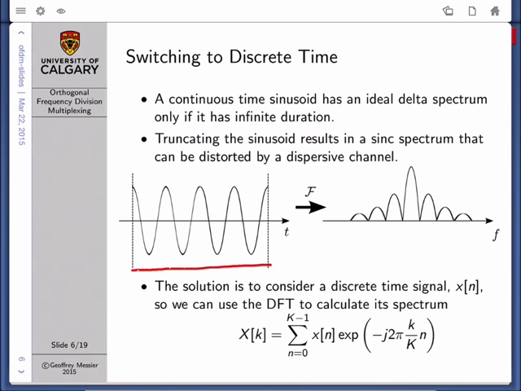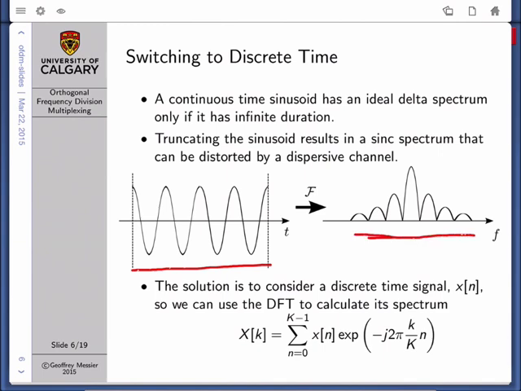And when you take a sinusoid and multiply it by a square window in the time domain, you convolve the delta function frequency response of the sinusoid with the Fourier transform of the square pulse, which is a sinc function. So rather than getting a nice delta function in the frequency domain, now you get a delta function convolved with the sinc, which looks something like this.